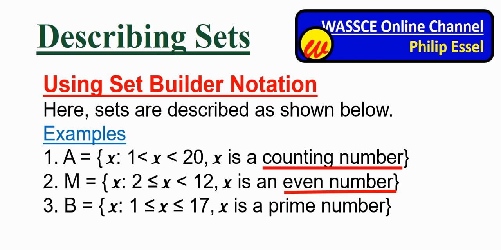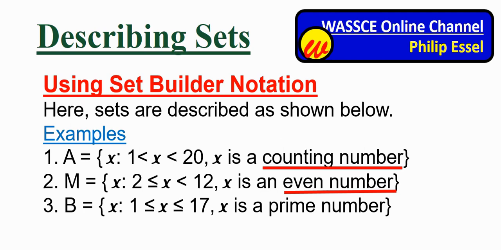Let's look at the final example, the set B. And we'll read the set B. So B equals bracket x is such that 1 is less than or equal to x less than or equal to 17, x is a prime number, bracket closed.